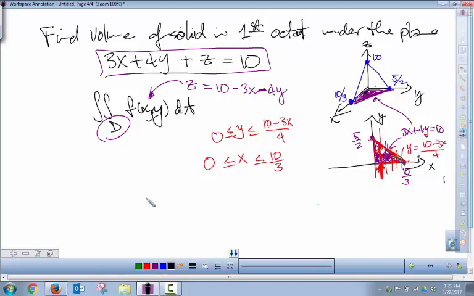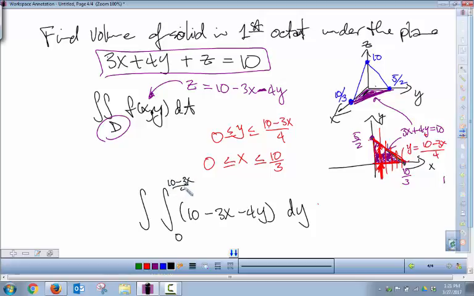So let me set up the integral. It looks like my integrand is 10 minus 3x minus 4y. And I'm going to integrate with respect to y first. So that's a dy. My y limits go from 0 to 10 minus 3x over 4. And then my outer limits will be with respect to x. And my x limits are going to go from 0 to 10 over 3.